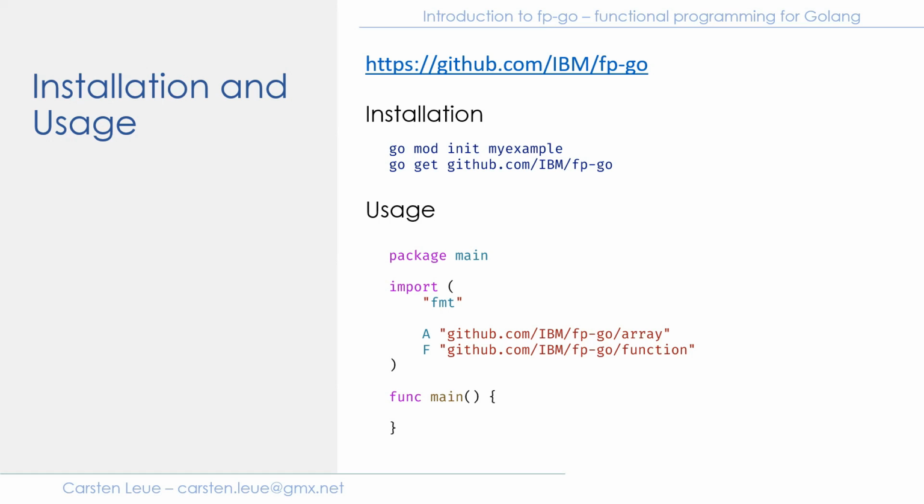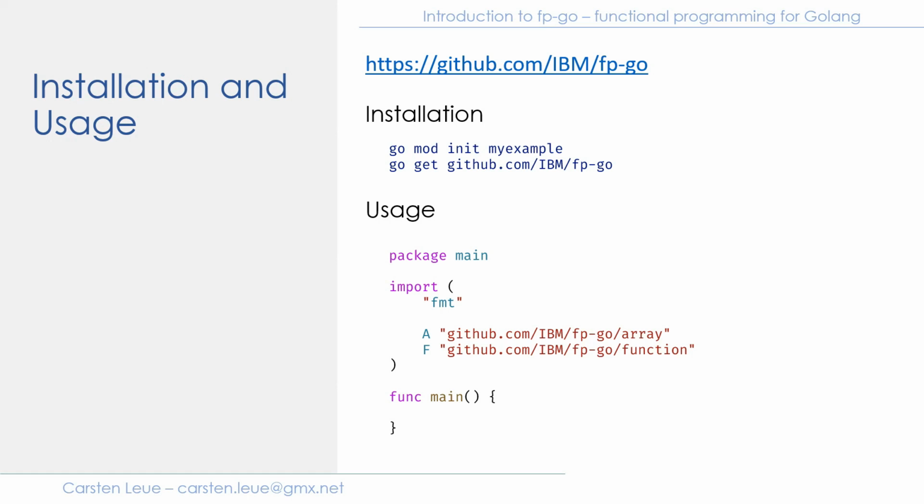During this presentation, I will use some notation in order to consume that library, and you can see this sort of in the bottom here. In Go, you use the import statement to import libraries, like the format one, or in the lower lines, you see the import of the FP-Go library.